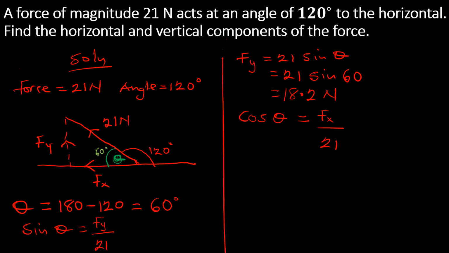So Fx is equal to 21 cos, you know theta to be 60. So cos 60 times 21 will give us 10.5. Give us 10.5 Newton.